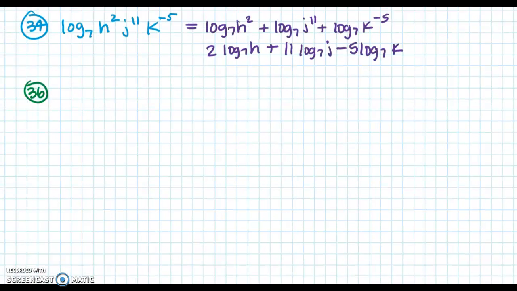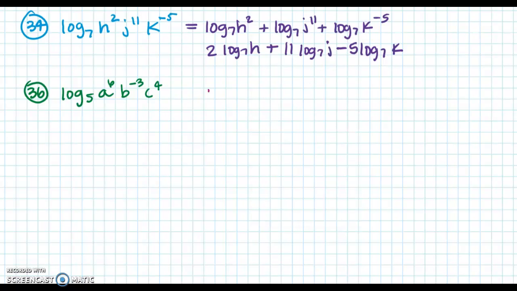And we've got 36. It's the log base 5 of a to the 6th, and b to the negative 3, and c to the 4th. And so, again, we break it all apart.